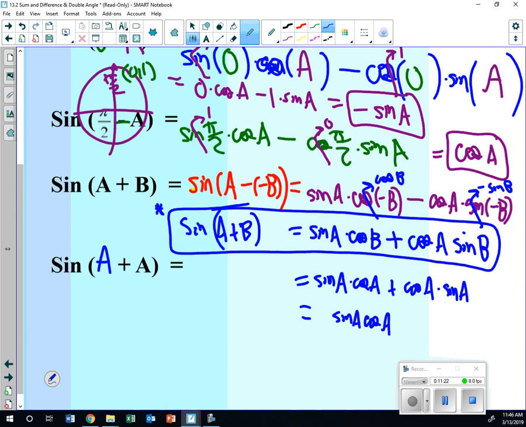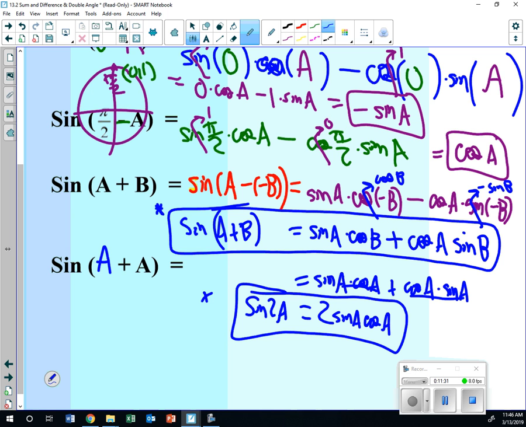How many of those are there? Two of them. So that is the sine of 2a. This thing is used a lot. So put a circle around a star and then another triangle, because we'll use this a lot, especially tomorrow and on the test. Those are the last of the identities that we're going to prove.